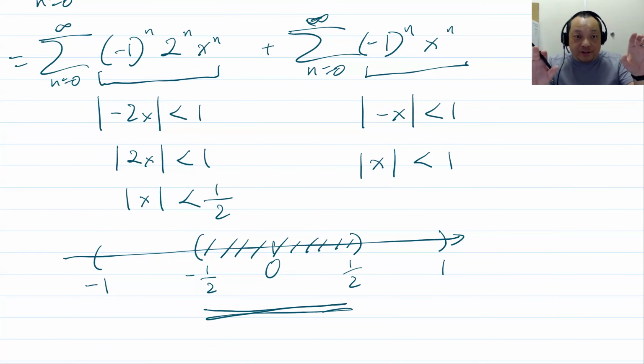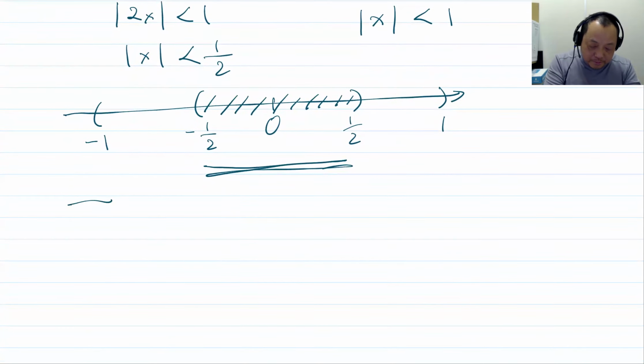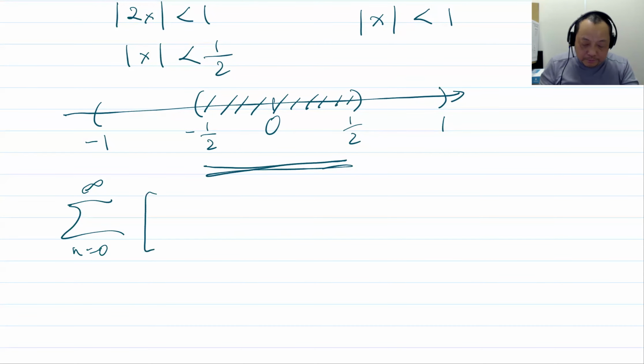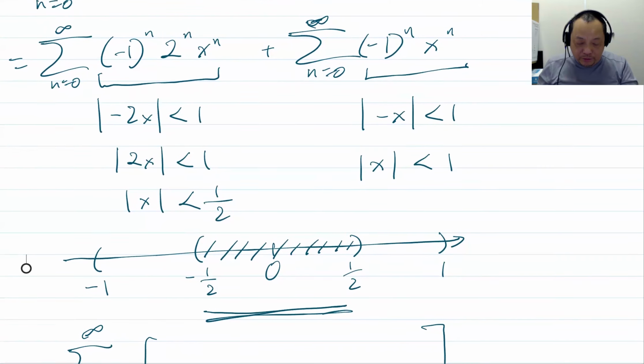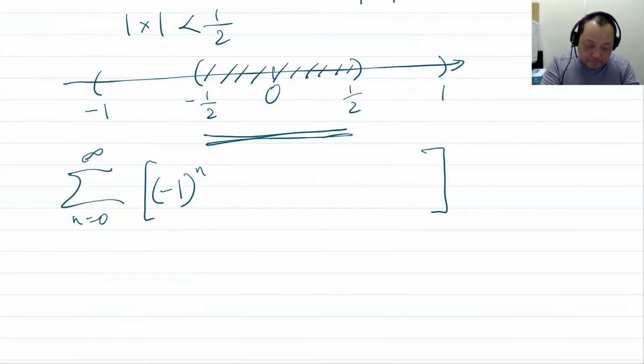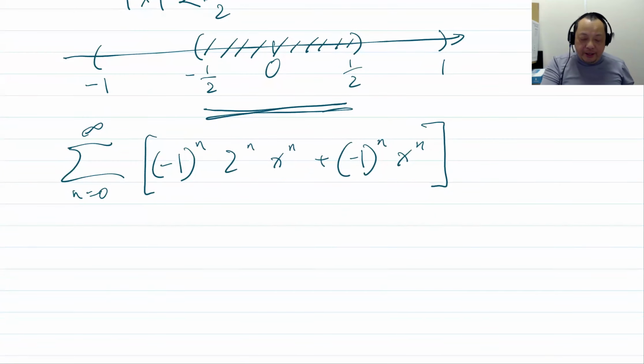They start out with separate sigmas, and we can combine them into one sigma thanks to that theorem. Like that. And it was (-1) to the nth, 2 to the nth. So within this interval of convergence, I can combine them like that.